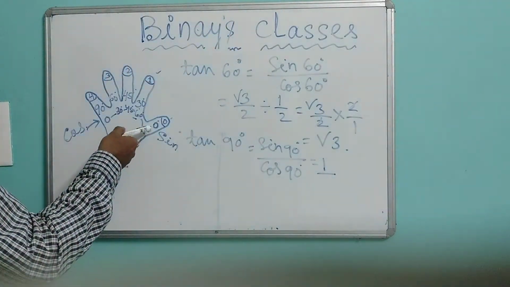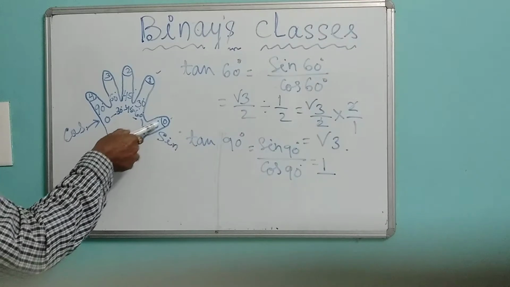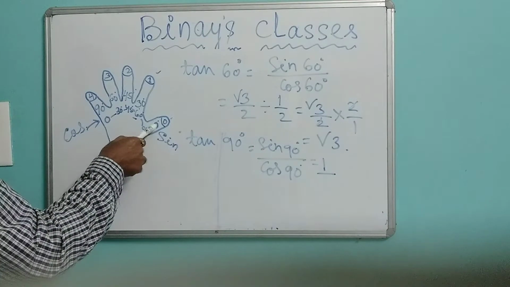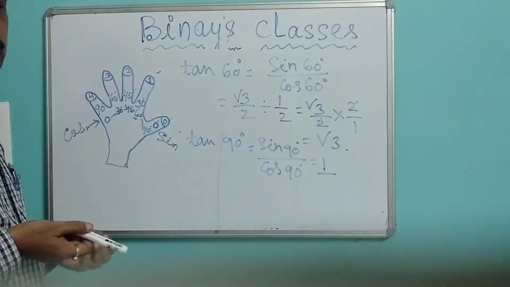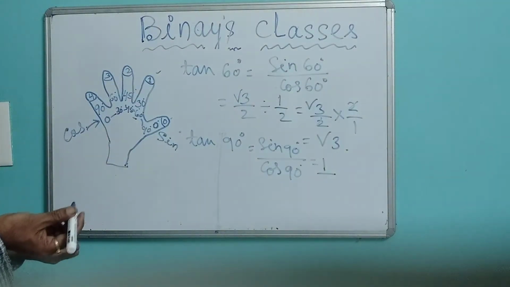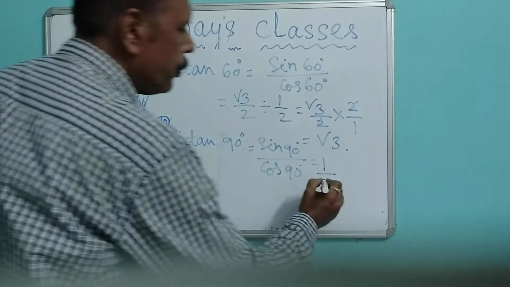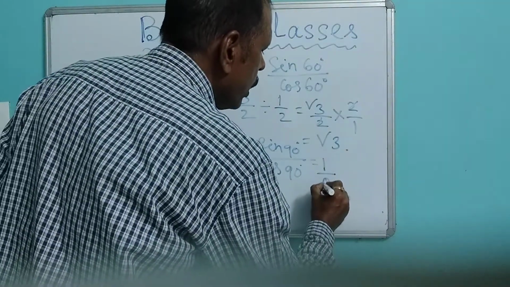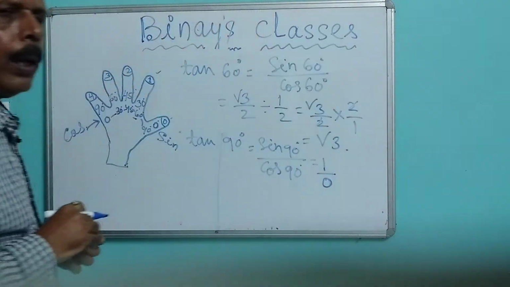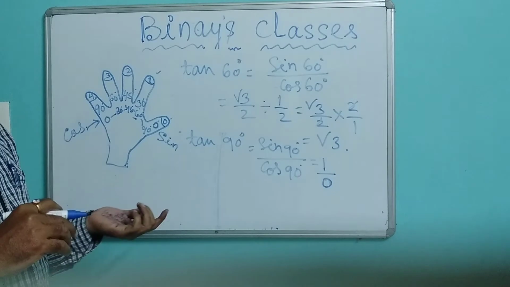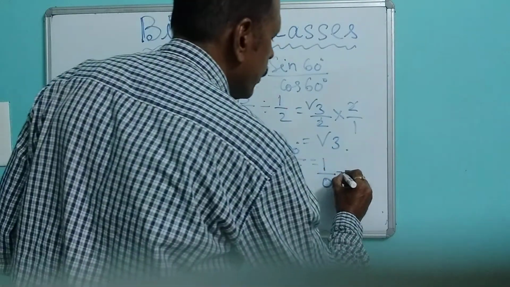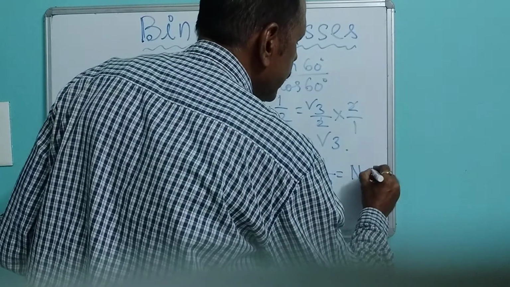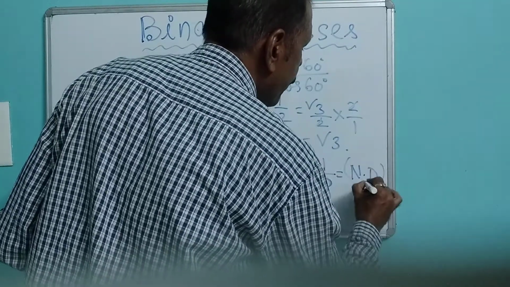Cos 90 you have also calculated here: 0 by 4 root over is 0. So tan 90 you got 1 by 0, which is not defined, ND, as we write in short form.